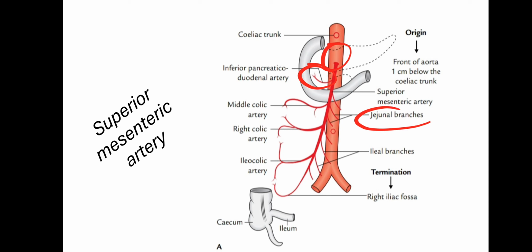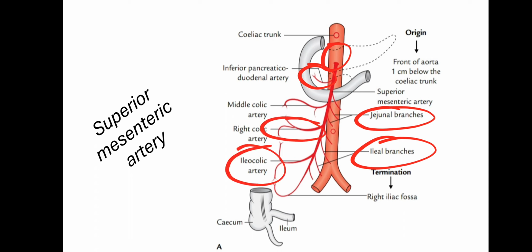Then it gives off the jejunal and ileal branches, and it also ends as the ileocolic artery. It gives off the right colic artery for the ascending colon, and the middle colic artery for the right two-thirds of the transverse colon. Let us not go into much detail, but the important thing is the ileocolic artery.